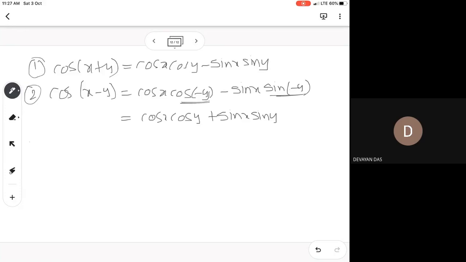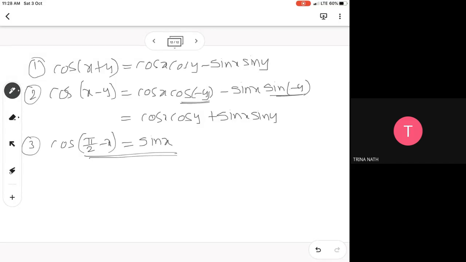Is it audible to you? Yes, sir. The third one is: you know that cos 90 minus theta, means cos pi by 2 minus x, is equals to sin x. Already I told you. You can prove this. This one I told you, 90 minus theta, 270 minus theta.